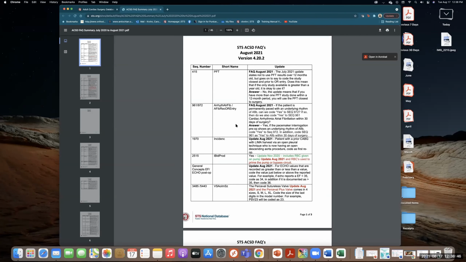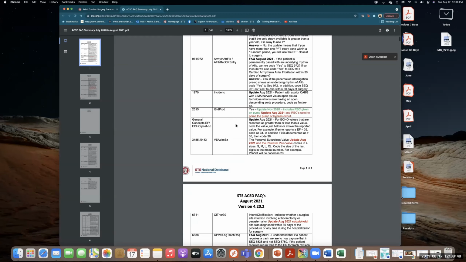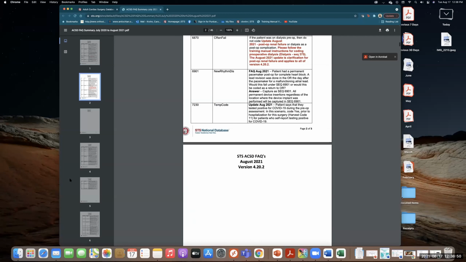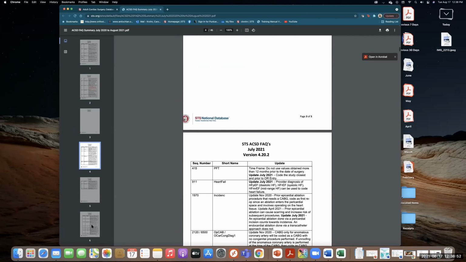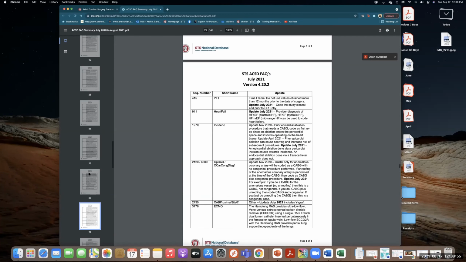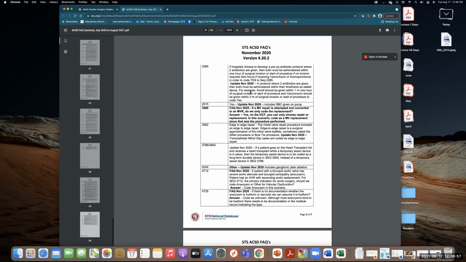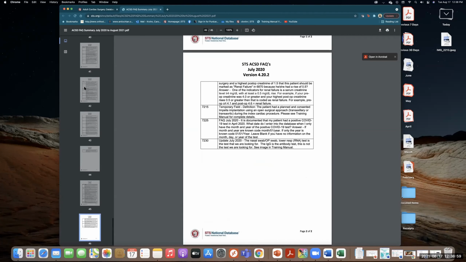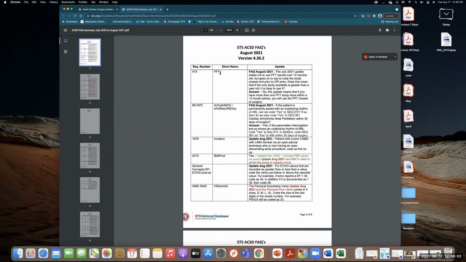This is August, and then if you just scroll down on this form, you get to July's, and it goes all the way back through the start of the version through July 2020. It's really easy to search this document, and you can look it up. It's a living document. So say that we made a change to PFTs, the same sequence number back in November of 2020.